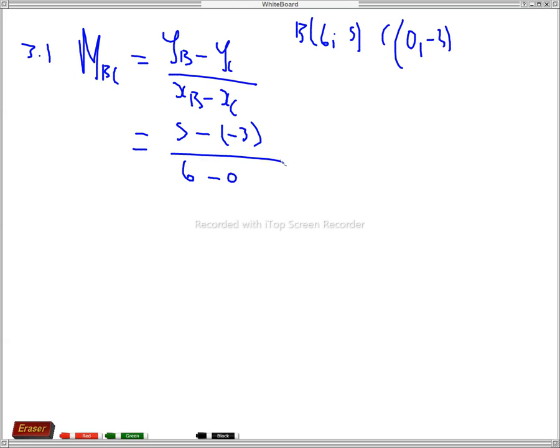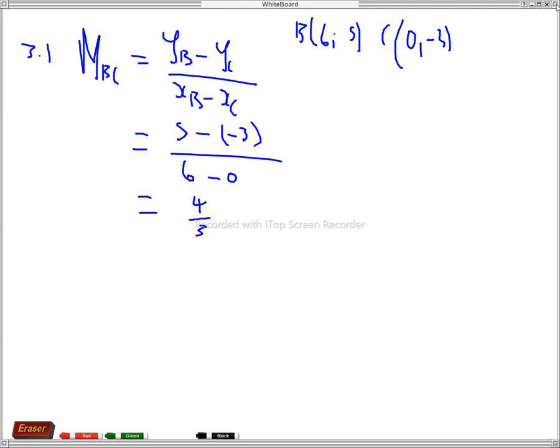So you can easily punch this on your calculator. 5 minus the negative of 3 over 6 minus 0, and the answer is 4 over 3. This is the gradient of BC, you understand?